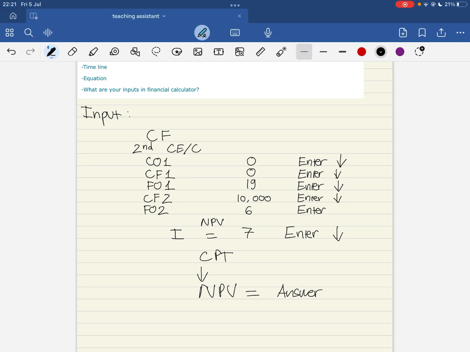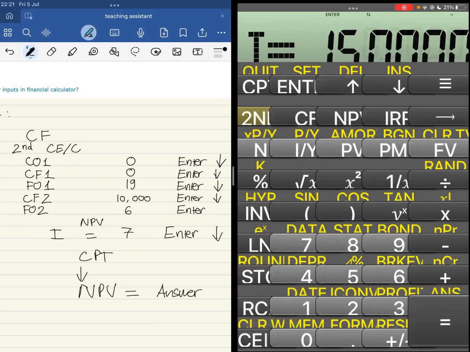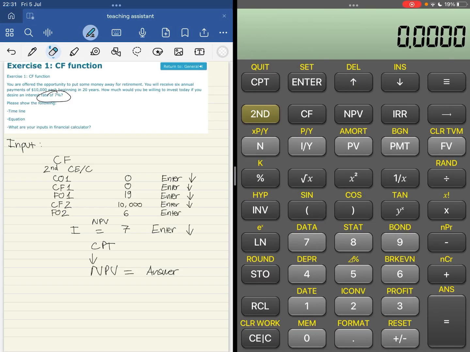So let's do it together on the BA calculator. First step, we press the CF button to activate the CF function, 2ND, CLR WORK, in order to clear all the previous work incurred. Then, on the screen, it will pop up CF0. CF0 is the same thing as CO1. I use CO1 because it's easier to understand.